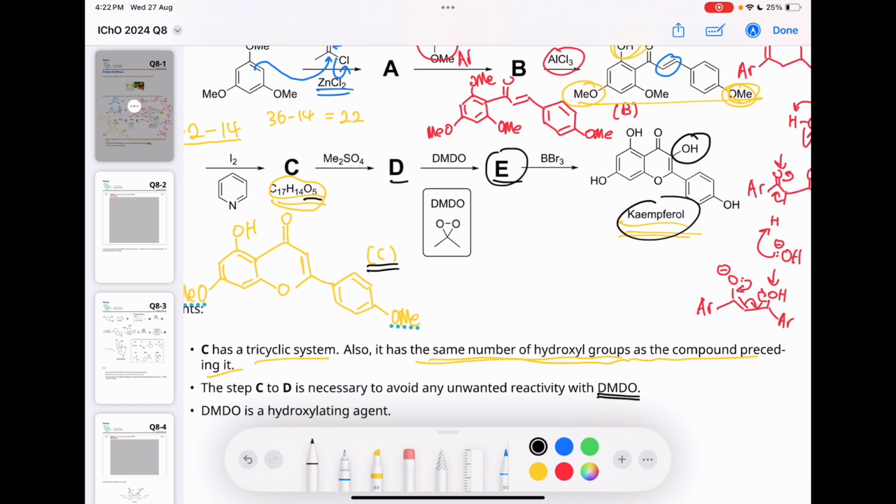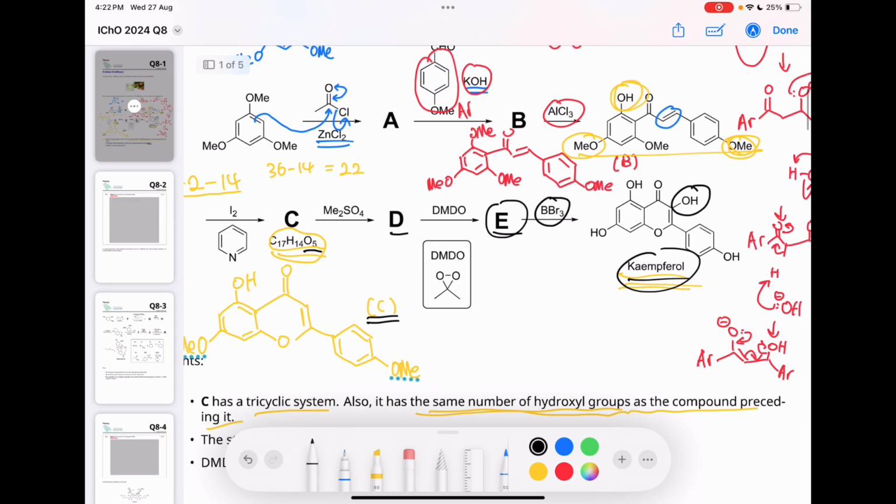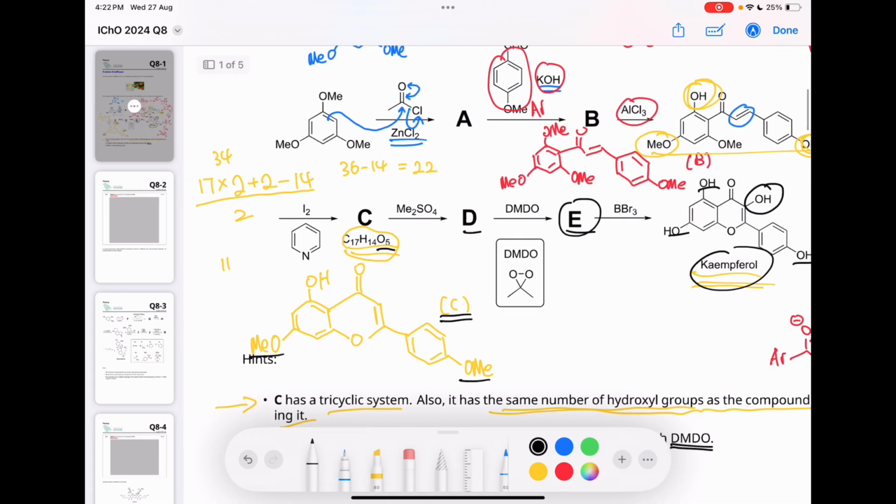Then what happens from E to this final product? BBr3, haven't we seen it before? Well, it is kind of similar in structure to AlCl3. Because of that, we can deduce that its role is probably a deprotecting agent. We have many hydroxyl groups here. However, we have a lot of OMe groups here.